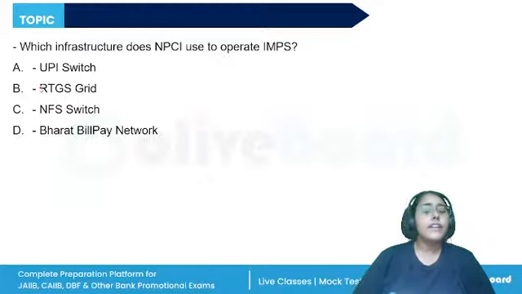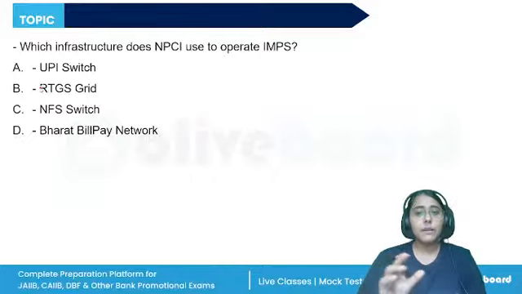Okay. Which infrastructure does NPCI use to operate the IMPS? The IMPS, immediate payment service, interbank mobile fund transfer, were channeled through the NEFT mechanism, right? They were settled in branches.